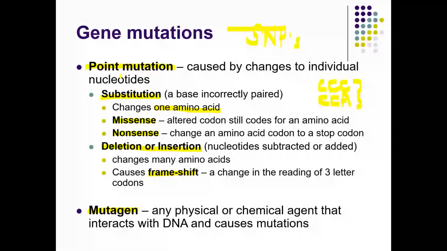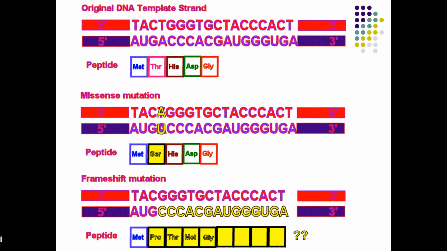We can accumulate these. Remember, DNA replication isn't a perfect process. Transcription is not a perfect process. There could be changes in any of the areas where we're copying genetic code, okay? So here's an example of what it would look like. Here's my original. Here we have a substitution, and it changed an A or a T to an A in the DNA, which led the change to a U here.